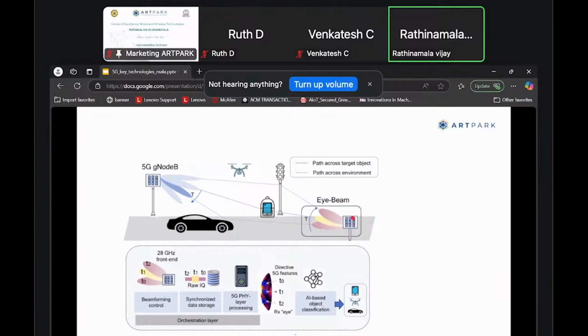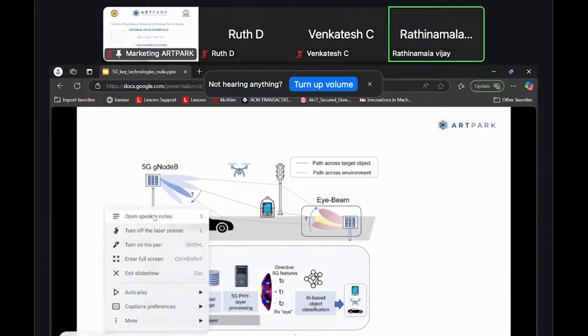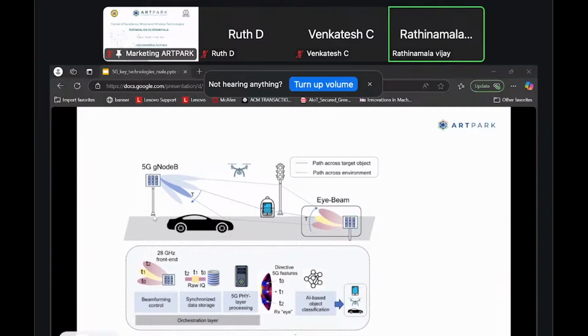Based on the received signals, they calculate CSI, channel state information, and SNR will be collected, and then the AI model is used to improve the sensing accuracy. See, in this figure, the objects that are detected are a drone, a car, and a mobile. So the I-beam receives the signal and classifies the object in the path of the millimeter wave.